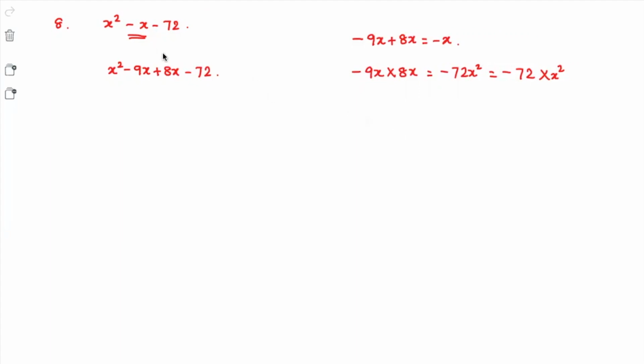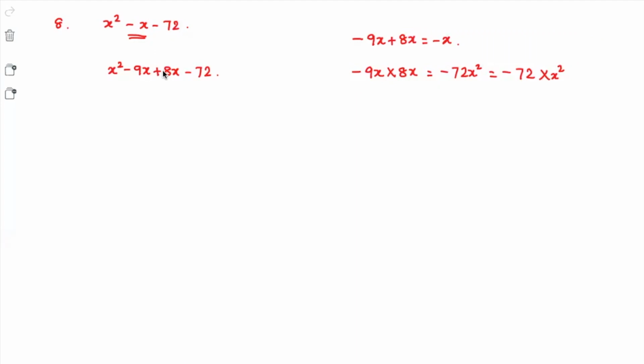Now the question is, whenever you have a negative as one of the extremes and a positive as the other extreme, this is very, very important, I repeat, whenever you have a negative as one of the extremes and the positive as the other extreme, it is understood that the middle term will have one negative and one positive sign.